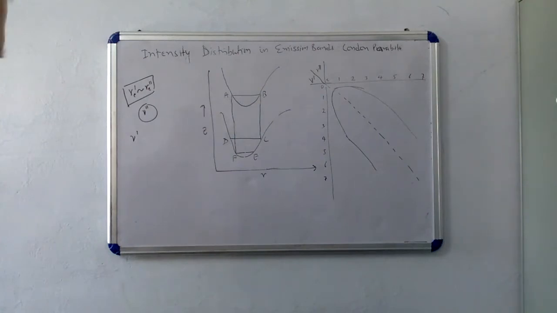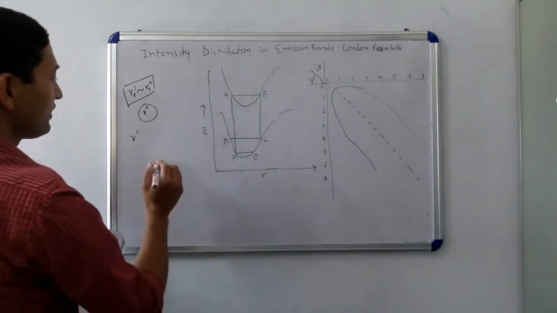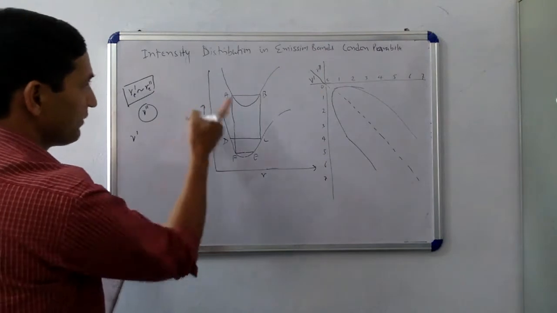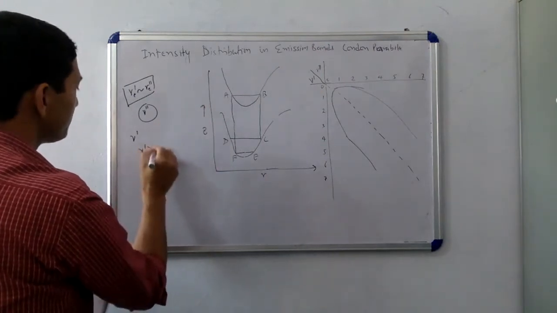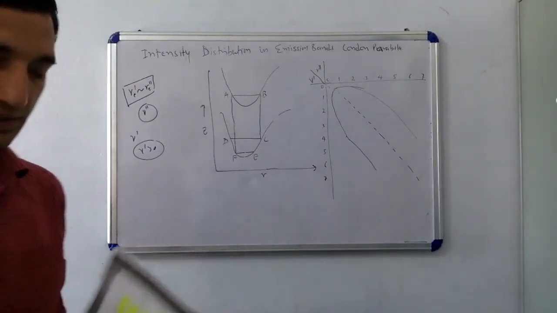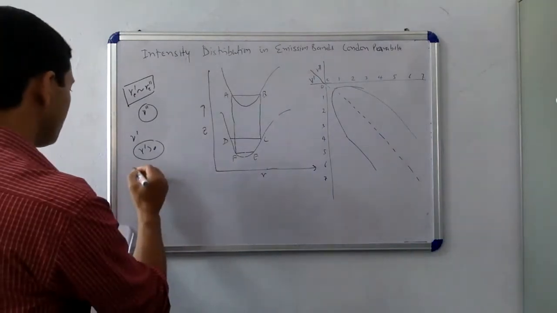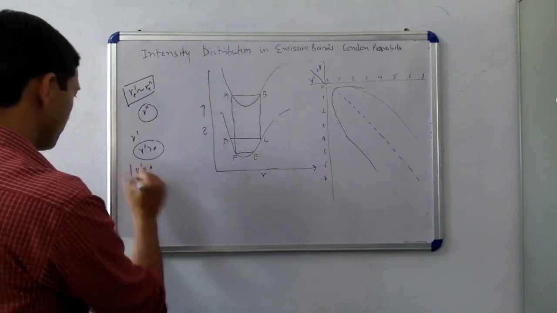Hence a number of progressions are seen in our emission spectra. The intensity distribution for the band progression in emission with nu prime greater than 0 is entirely different as compared to the absorption spectra, where nu prime is equal to 0.